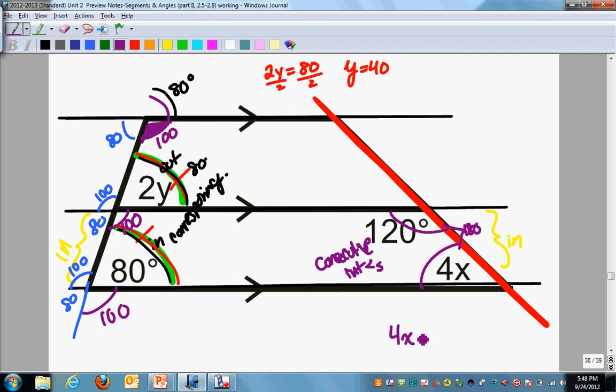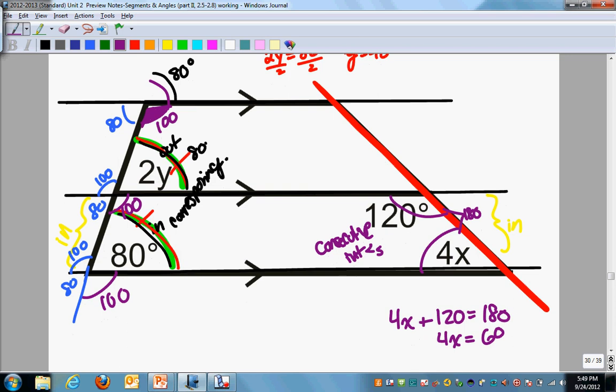So 4x plus 120 equals 180. X equals 15. So here, 4 times 15 would be 60.